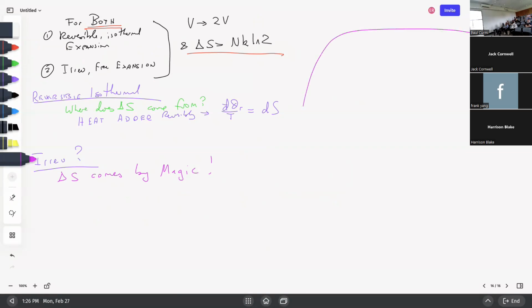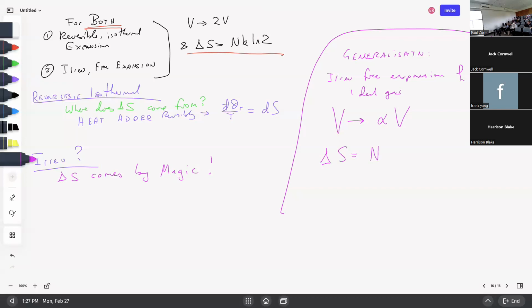So, generalization. Is that irreversible free expansion of an ideal gas. I think we didn't even assume monatomic. From V to alpha V, delta S is going to be equal to Nk ln alpha.